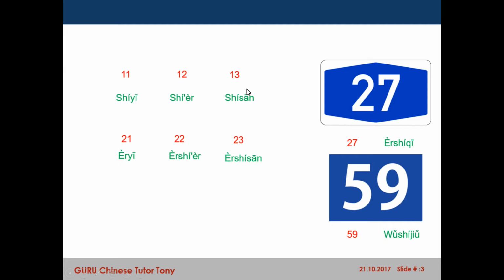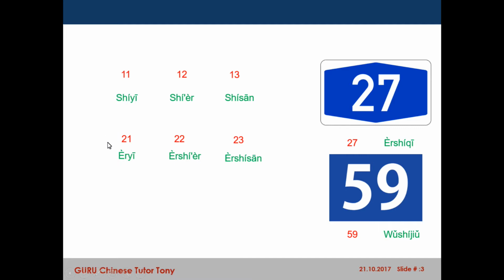From 11 to 19, it's the same rule: 10 and 1, 10 and 2, 10 and 3, and so on until 10 and 9. So it will be 11, 12, 13.